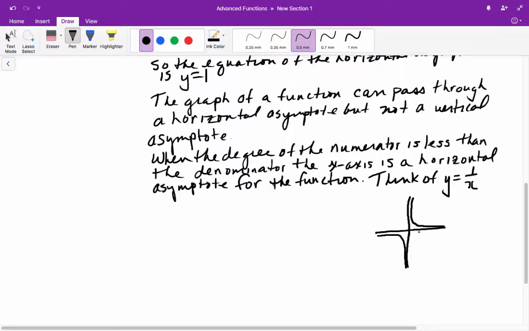But in some cases, as I said, the graph can pass through a horizontal asymptote. We'll get to those examples in a bit.